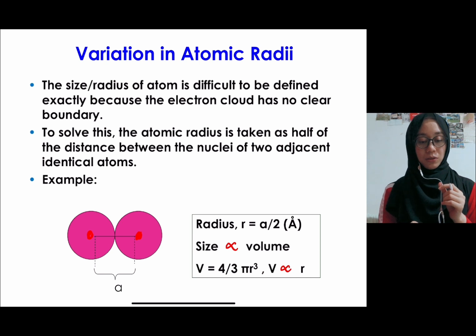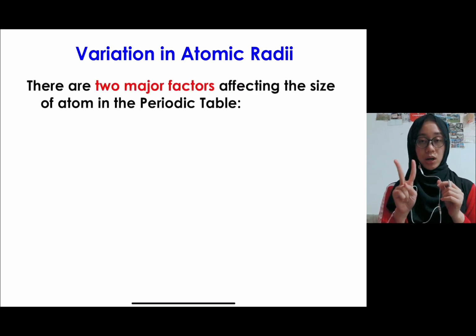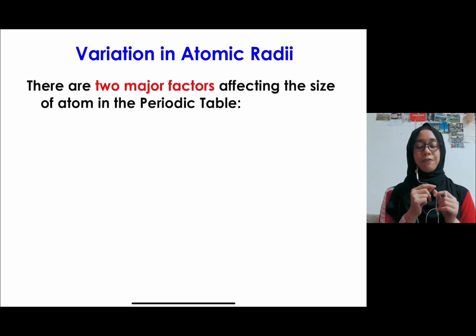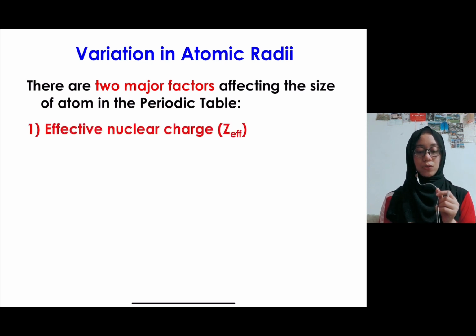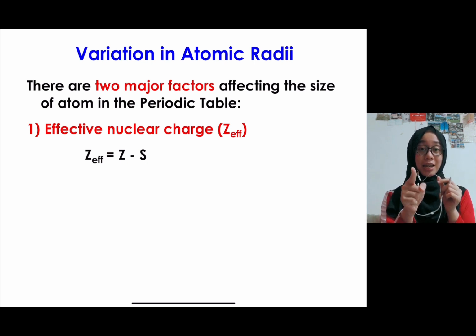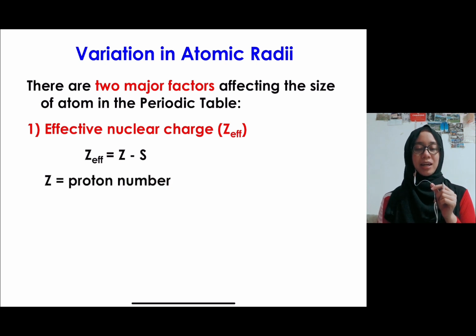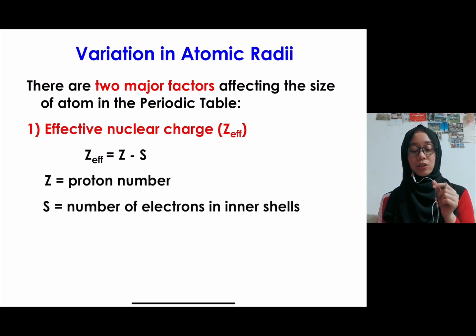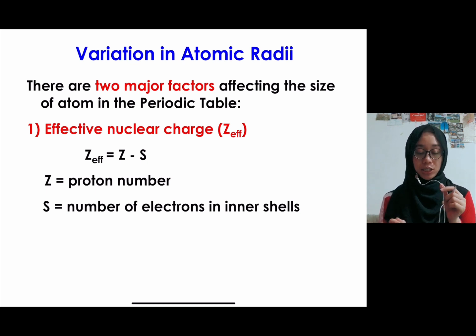Okay, so ada dua major factor affecting the size of atom in periodic table. The first one is what we call as the effective nuclear charge ataupun ZEF. Okay, so the formula untuk cari ZEF dekat sini adalah Z minus S. So Z adalah proton number, okay, and S pula adalah the number of electrons in inner shells. Jangan risau, lepas ni kita akan tengok okay, apa sebenarnya effective nuclear charge ni.